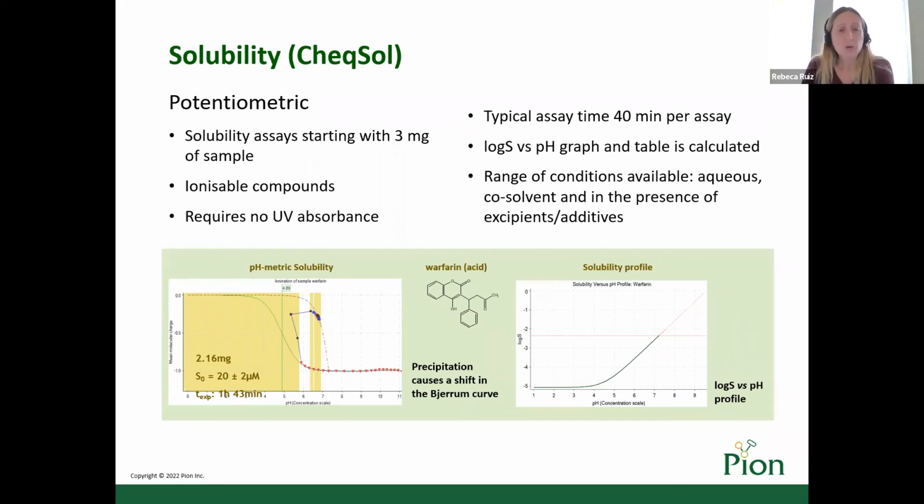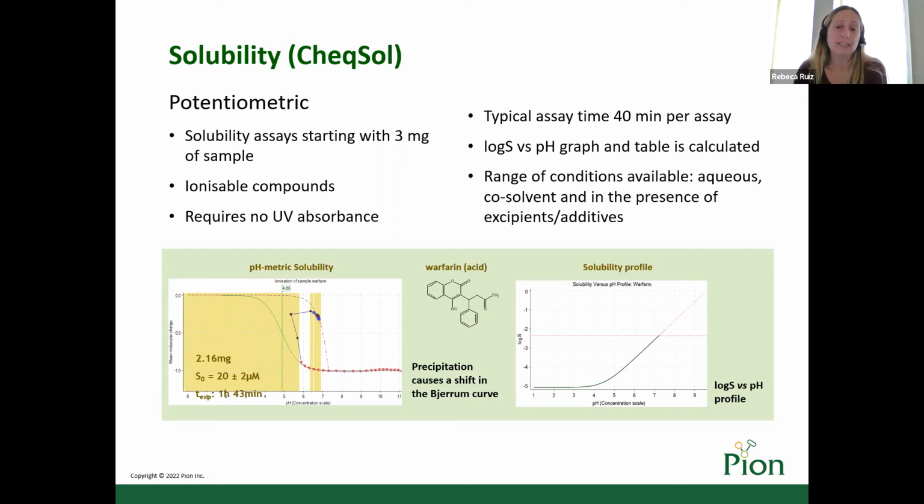The compound has to be ionizable, and we can determine solubility for UV active or non-UV active compounds. The duration of the assay could be around 40 minutes, more or less, depending on the nature of the sample.